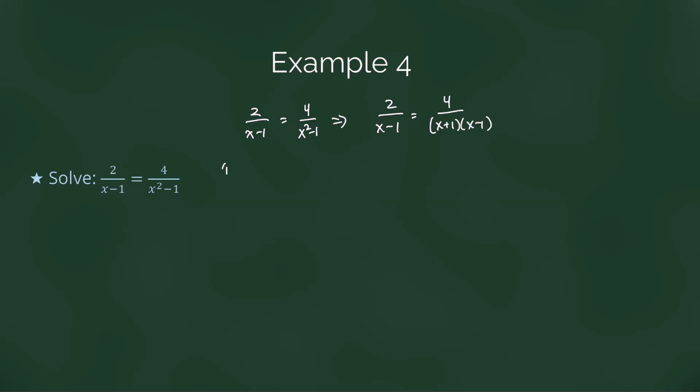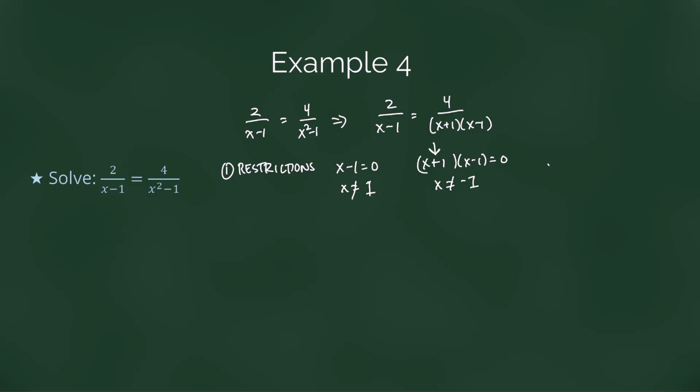So if we look for our restrictions now, setting our denominators equal to 0, we see that x minus 1 equals 0 tells us that x can't be 1, and x plus 1 times x minus 1 equals 0 is also going to give us that x cannot be negative 1 from the x plus 1 factor.